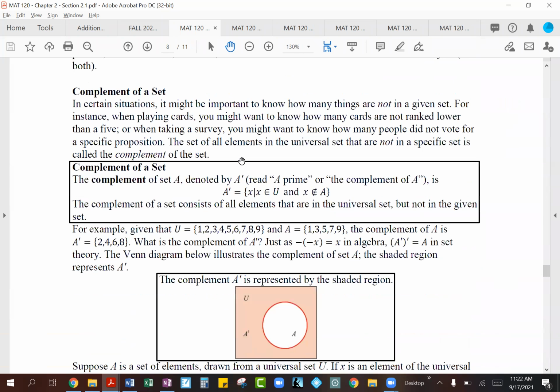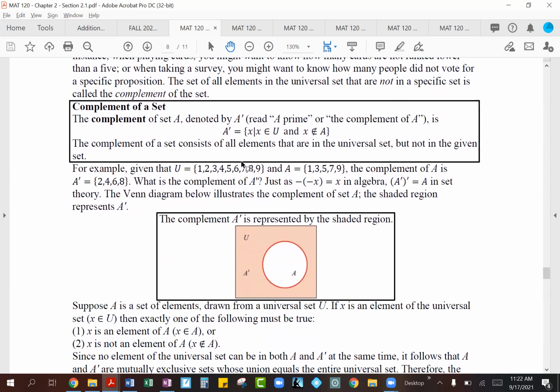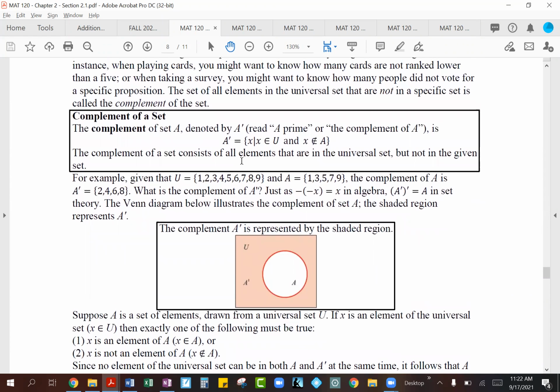And the last part we had talked about was the complement of a set. So complement of the set is basically, again, if you look at the definition here, we're saying it's an element X in your universal set, but it is not going to be in the set A. So when we're talking about complement of set A, you can almost think of this as a negation that we had talked about in logic.